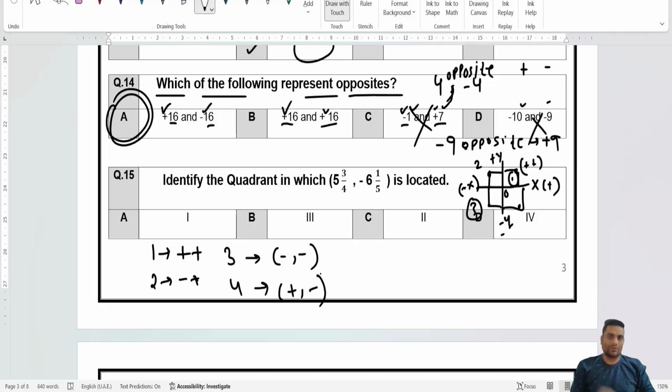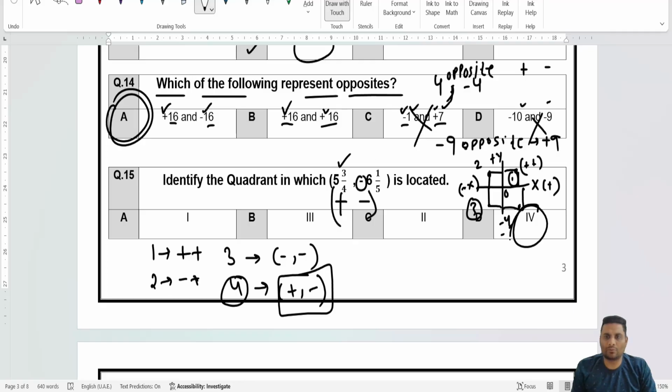Now let us see which kind of point is given. 5 is to 3 over 4, this is positive, there is no minus sign here, and 6 is to 1 over 5 is negative because there is a minus sign here. So where do I have positive and negative? The positive and negative is here, meaning fourth quadrant, meaning this point here is in the fourth quadrant, meaning option number 4. Okay, option number 4.